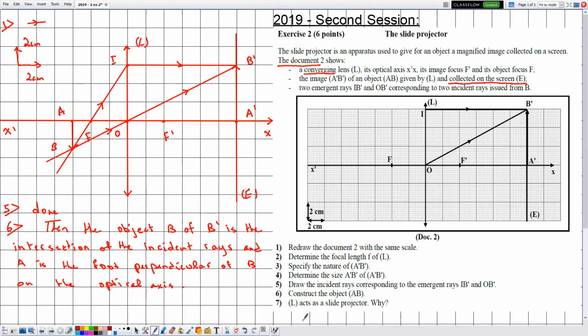Now in part 7 they are telling me L acts as a slide projector. Why? So in other words, they are asking me about the role of the lens. Always the role of the lens can be determined from the characteristics of the image. And we know that whenever the image is real and larger in size, then the lens L plays the role of a slide projector. Moreover, here in the text they told me the slide projector is an apparatus used to give for an object a magnified image and collected on screen.